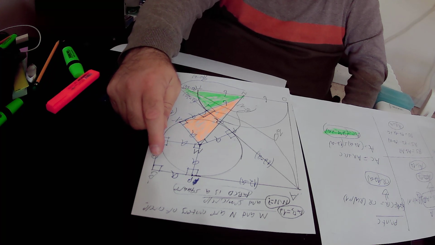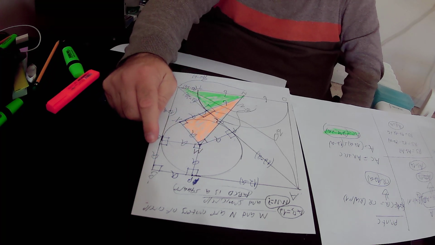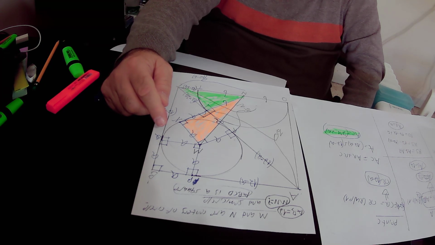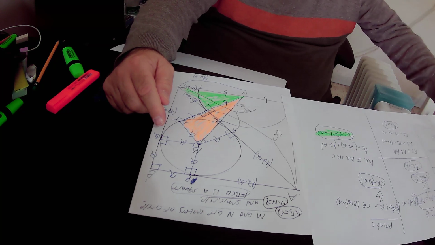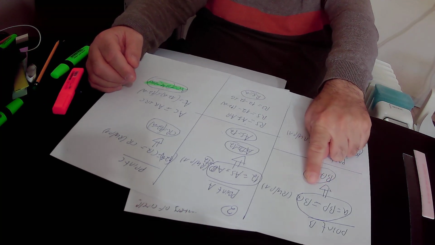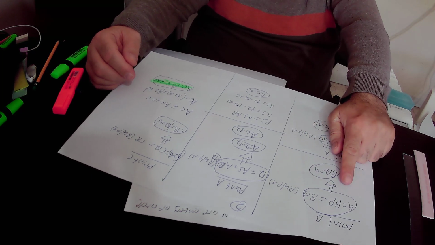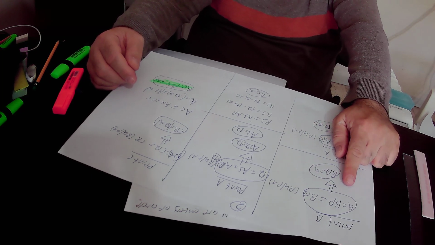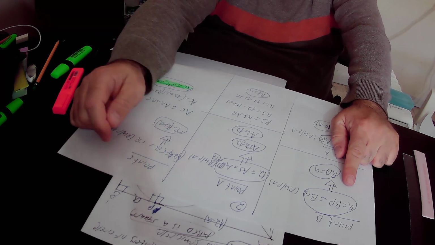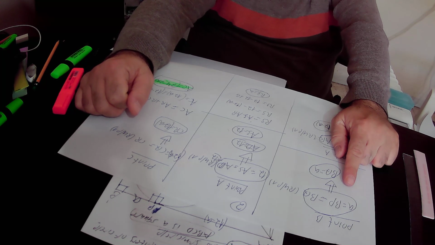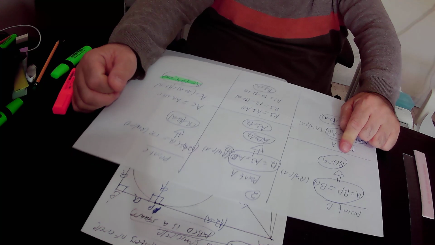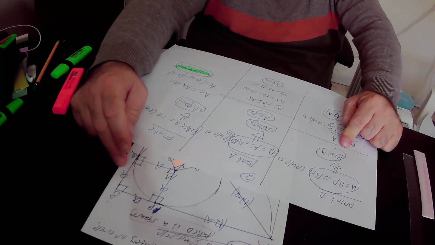The first tangent is tangent BP, the second tangent is tangent BQ, and according to rule number 1, the lengths of those two tangents will be equal to each other. That is to say, BP equals BQ according to rule number 1. But according to our definition, BP equals A. So from this equation, A equals BP equals BQ, we conclude that BQ is also equal to A.